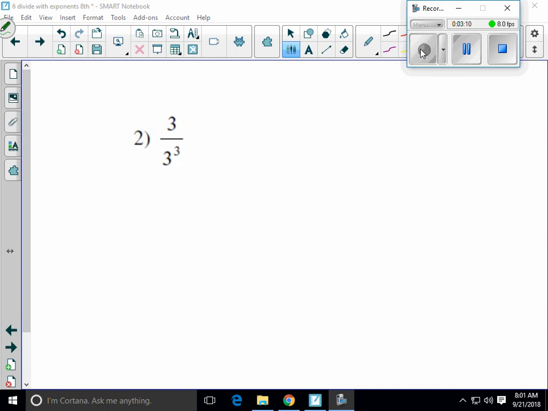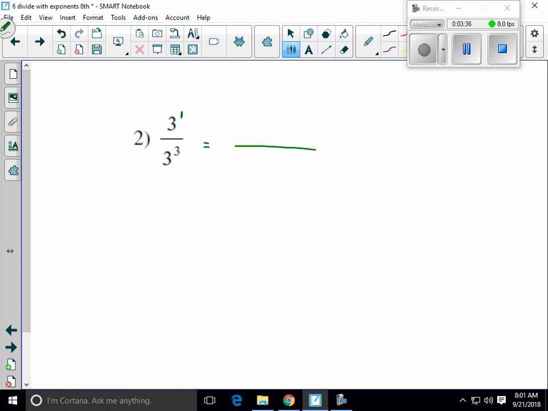Here in my numerator for number 2, I have 3 to the 1st power. If there's no exponent, you can put a 1 there, divided by 3 to the 3rd power. My bases are the same, so I can subtract these exponents. 3 minus 1 is 2. But where are those 3's going to be? Do I have more 3's in the numerator or denominator?